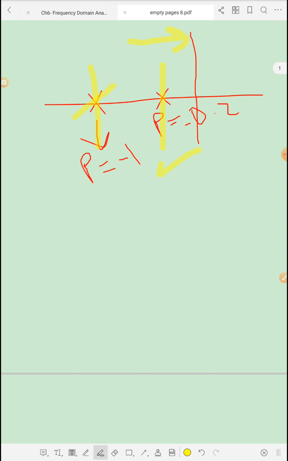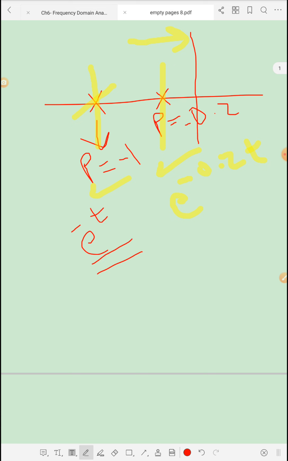If we expect the response, this will be related to e to the power minus 0.2t, while this will be related to e to the power minus t.